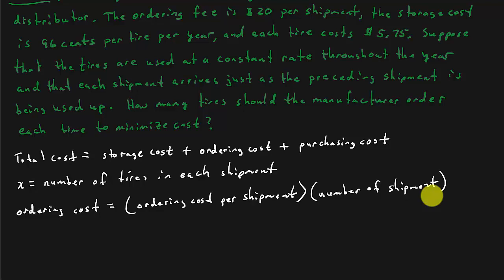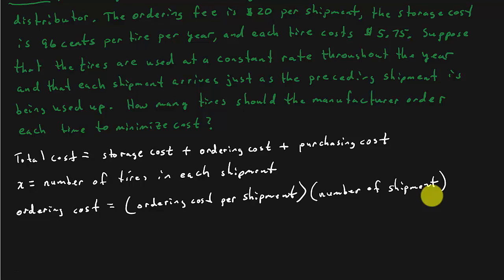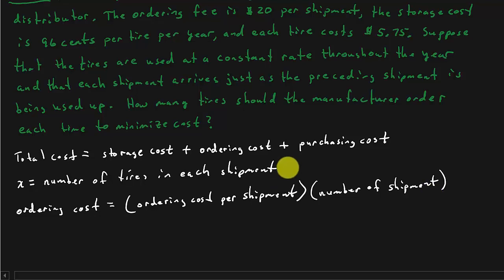All right. And now, I guess we can go ahead and actually get the ordering cost. So it says 6,000 tires are ordered during the year, and each shipment contains how many tires? X. That's what we're trying to find, how many tires we need in each shipment. So throughout the whole year, it's 6,000 tires.